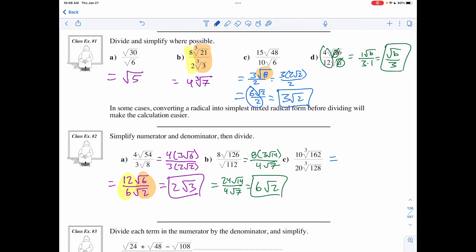Same process with example C, just be careful because they are cube roots in this case. So I'm going to get 10, and the cube root of 162 is the same as 3 and the cube root of 6 over 20, and the cube root of 128 is the same as 4 and the cube root of 2.